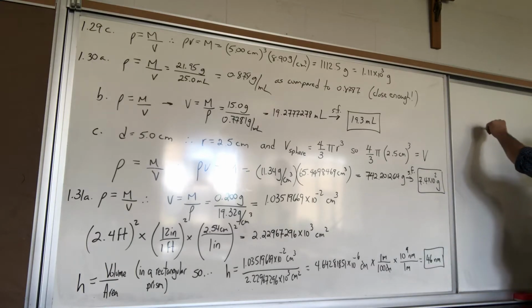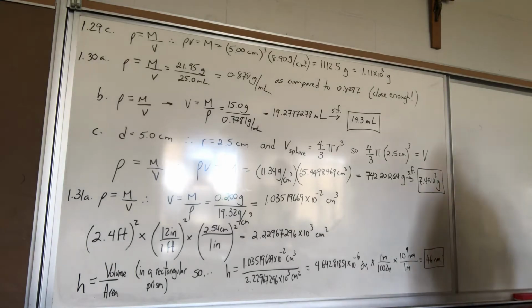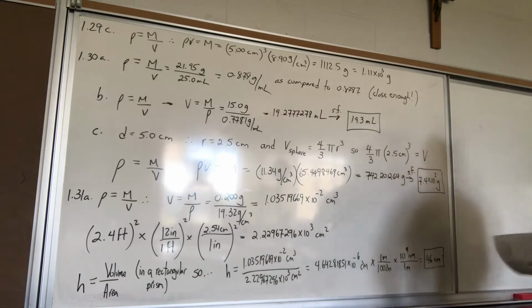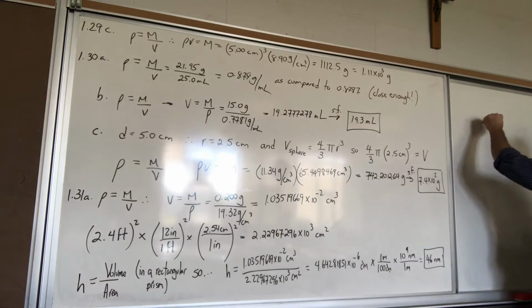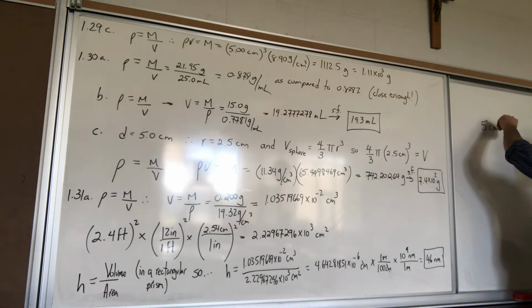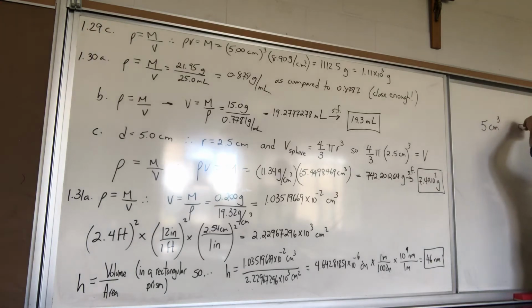What is the difference between 5 centimeters cubed and 5 centimeters all cubed and 5 cubed centimeters? Is there any difference? No? Trick question. If somebody can explain it to me, I'll give you a bonus.